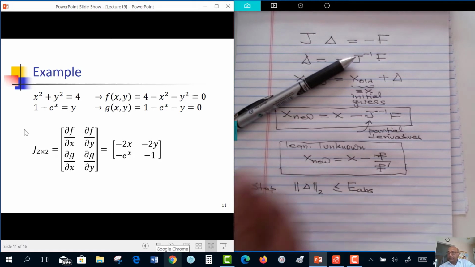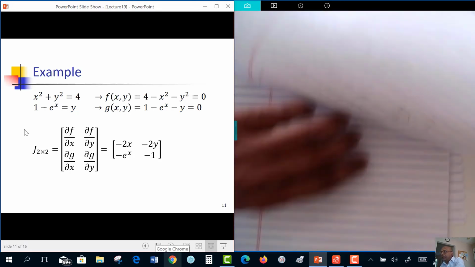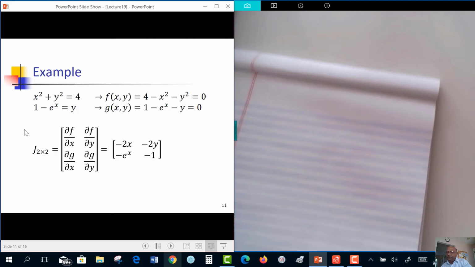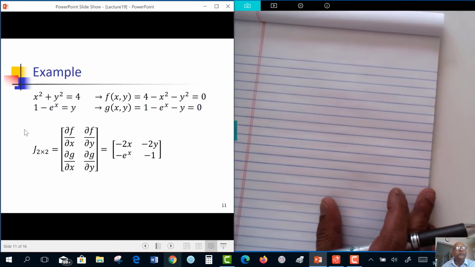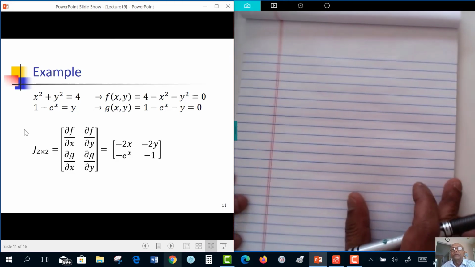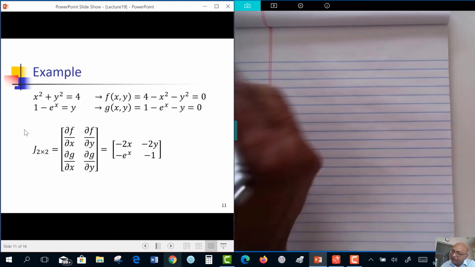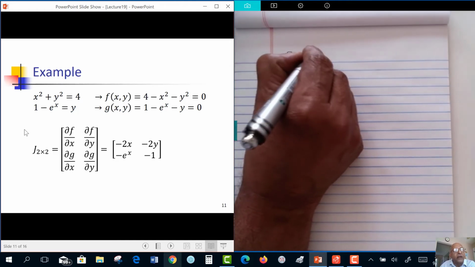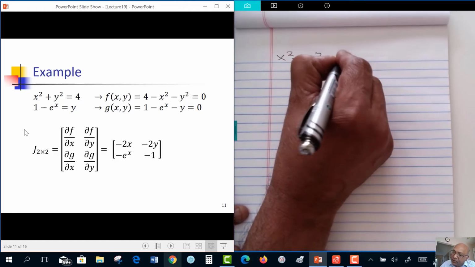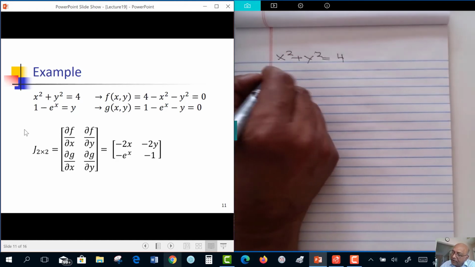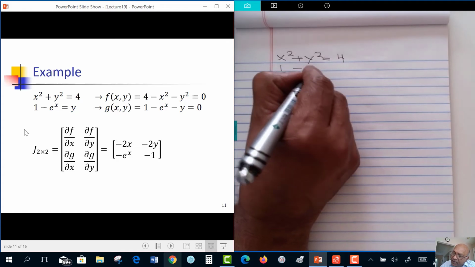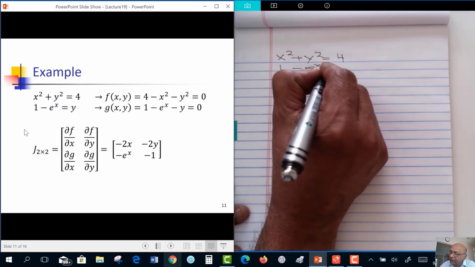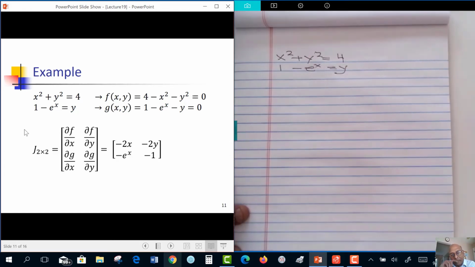Okay, so let's do an example. We have two equations and two unknowns. Our first equation is x squared plus y squared is 4. You know, this is the equation of a circle. Our second equation is 1 minus e to the power x is equal to y.